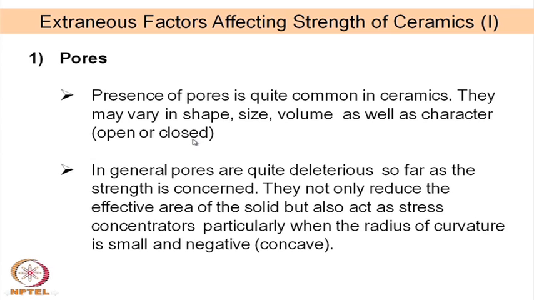Open pores means they are open to the surface or interconnected pores, and closed pores means they are closed within a single grain. So, they are isolated pores inside the grains. Mostly the pores are at the grain boundaries, but closed pores are isolated pores which can be within the grains.